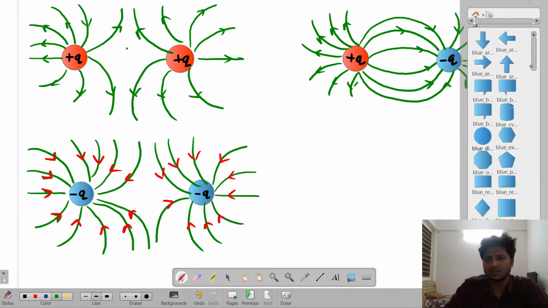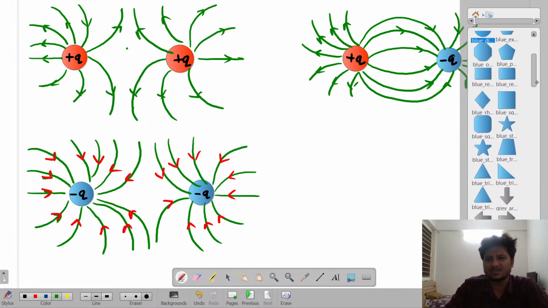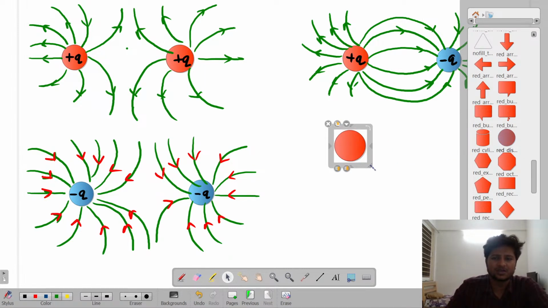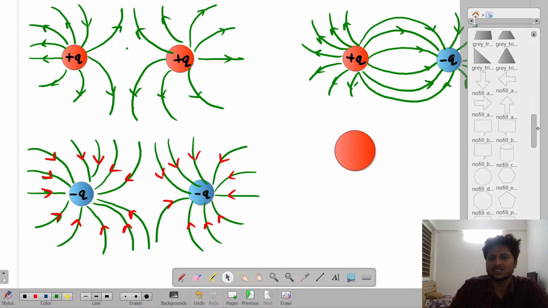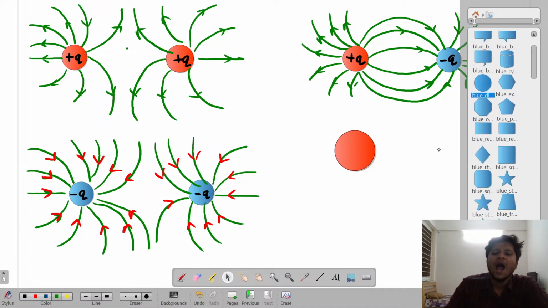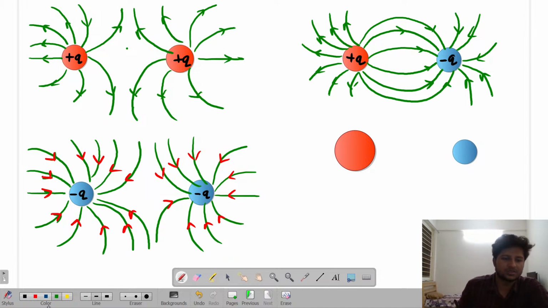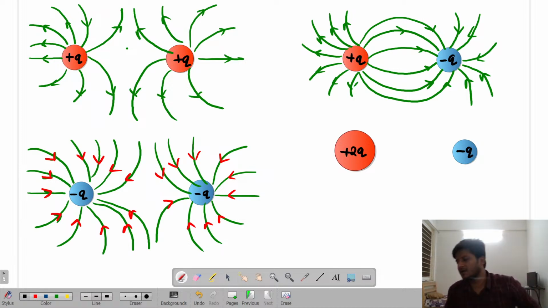But I ask you one most important thing. Let us have a slight variation, in such a way that I have a bigger charge and a smaller charge. Let's suppose this time this is plus 2q and this is just minus q. Then what kind of field lines will be drawn over here? Can you tell me that?